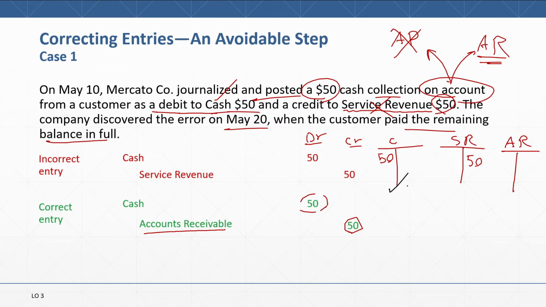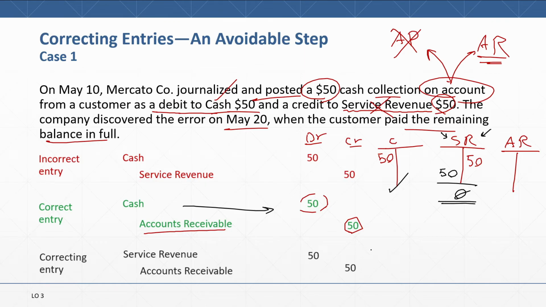But service revenue is wrong. In order to fix that, we need to get rid of this addition to service revenue. So we debit service revenue. By doing so, $50 on the credit side and $50 on the debit side, the balance is gone.